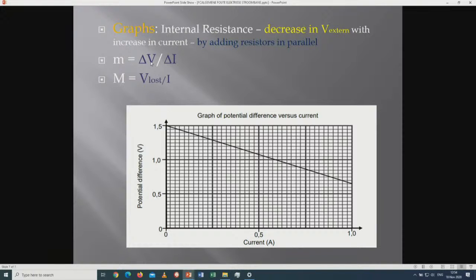So you can determine delta V, and that delta V is V lost, and now you will realize V lost over I equals internal resistance. So that's another type of practical question that they can ask about internal resistance.